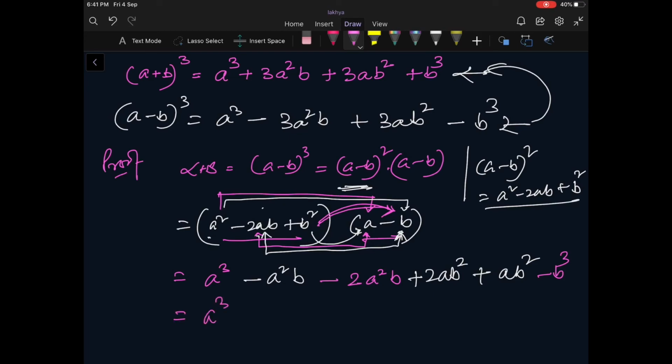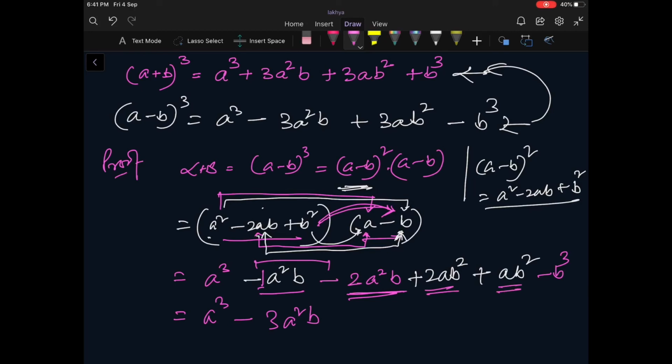So now a cube, here you can see minus a square b minus twice a square b. Both are negative, so we add the terms, but the sign remains negative. Consider this is 1 a square b, this is twice a square b, so thrice a square b.